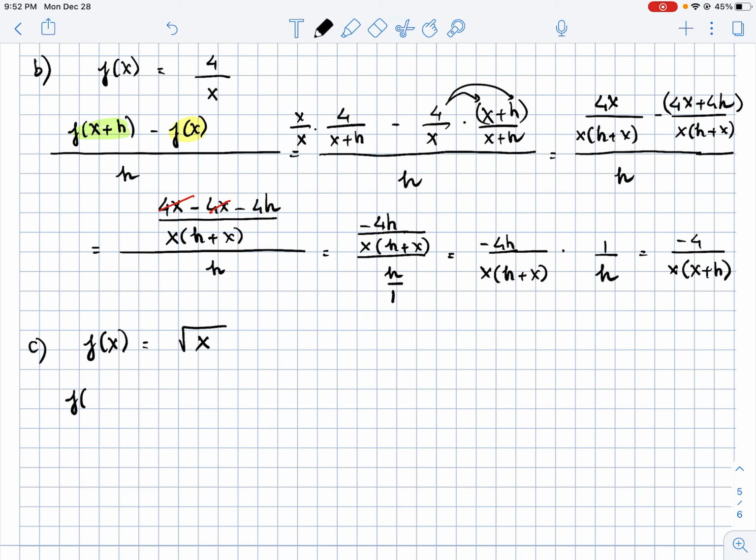Problem C, we have f of x equals square root of x. Now we write out the formula. For the first one, we need to input square root of x plus h, and then f of x is square root of x, divided by h.